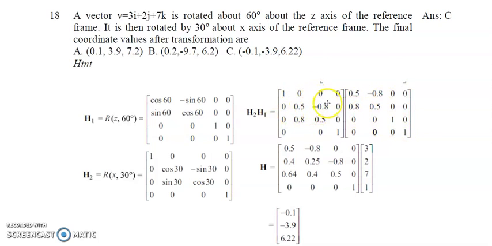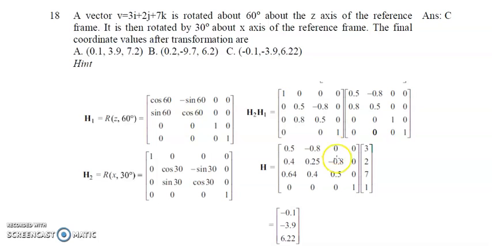This is what we call the concatenated matrix. The cos theta, minus sin theta values we keep here, and the H2 values here. Now we have to multiply both matrices, and that will give you the value of H.